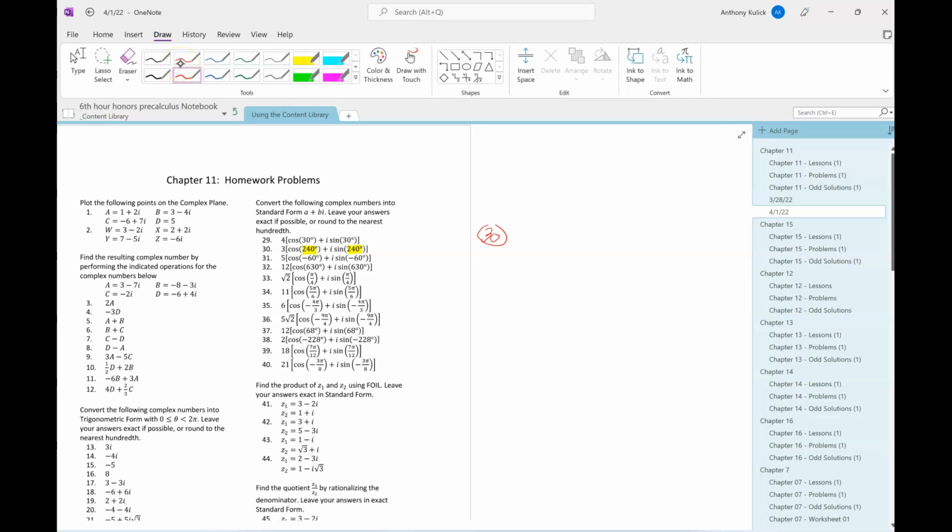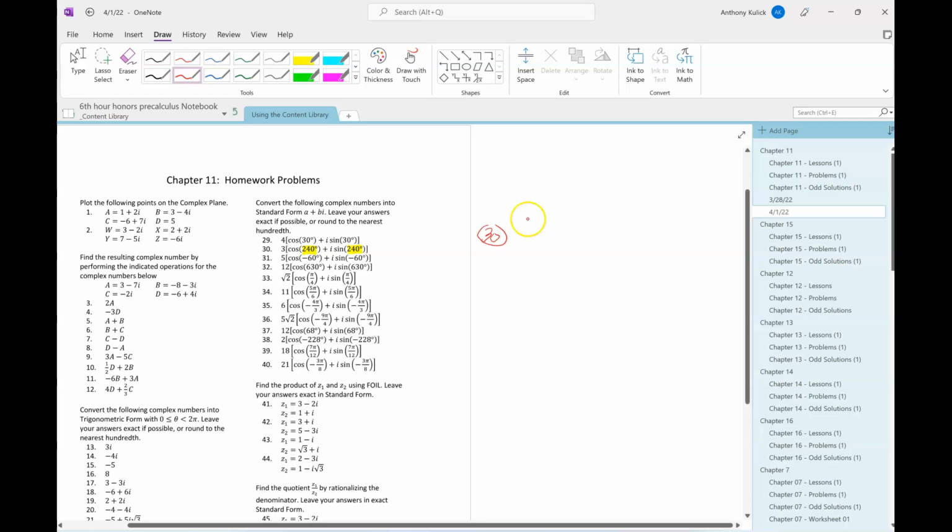The x side is the short side, so cosine of 240 is a half, and sine 240 is root 3 over 2. Oops, and we're in the third quadrant, so those are both negative. So I'd get negative 1/2 minus root 3 over 2 i.